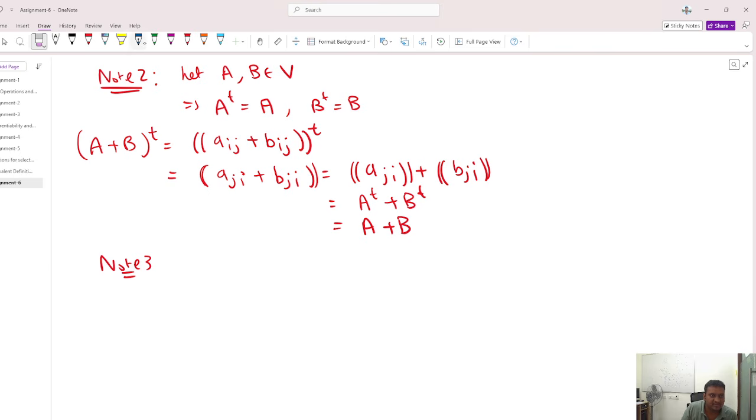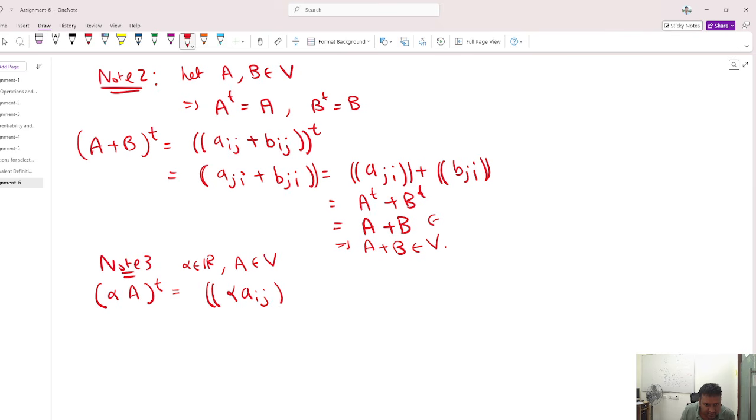So what will be note 3? The scalar multiplication property. So what is alpha A transpose? This implies A plus B belongs to B. That's what we wanted. You know how to multiply a scalar: you do it with each and every entry, and then you take the transpose.